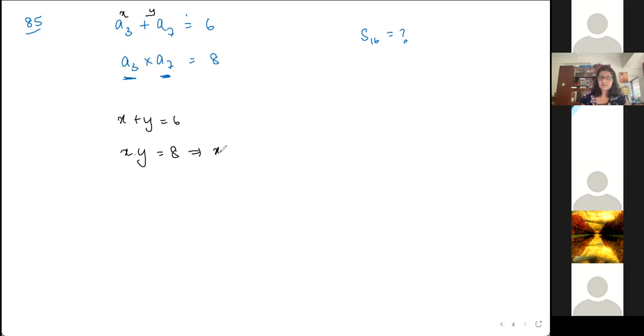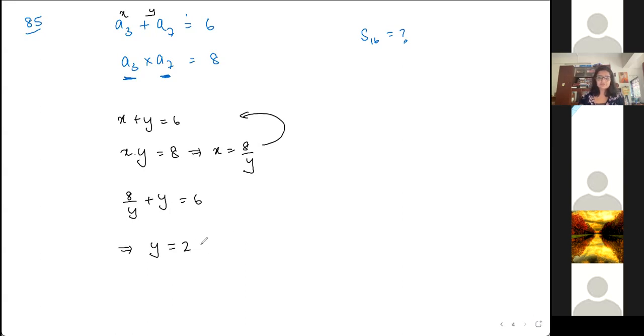So we can write X equal to 8 by Y. Let's substitute this over here. So 8 by Y plus Y equal to 6. From here a quadratic equation will come. That's the reason you'll get 2 values of Y. So Danusha, can you solve and tell me what the 2 values of Y are? 2 and 4.